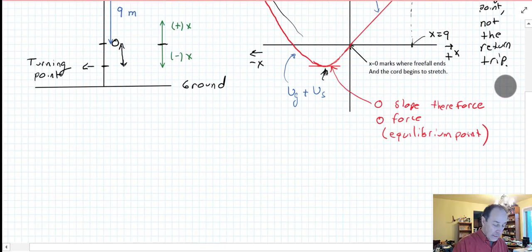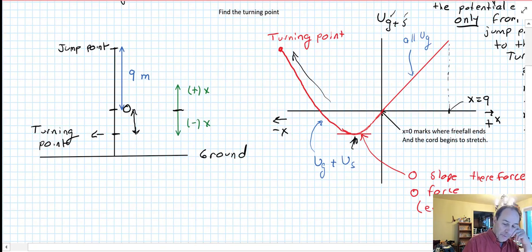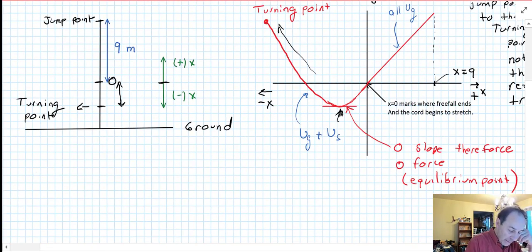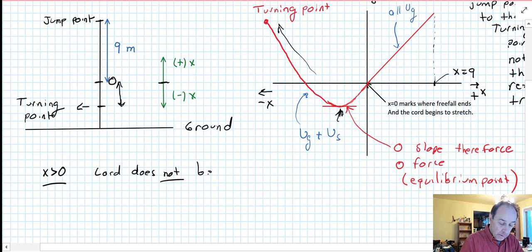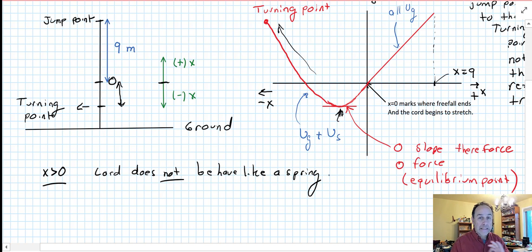So let's divide this problem up into two parts. The first is going to be at x greater than 0. That's the free fall portion. Here the cord does not behave like a spring, so it doesn't contribute to potential energy.